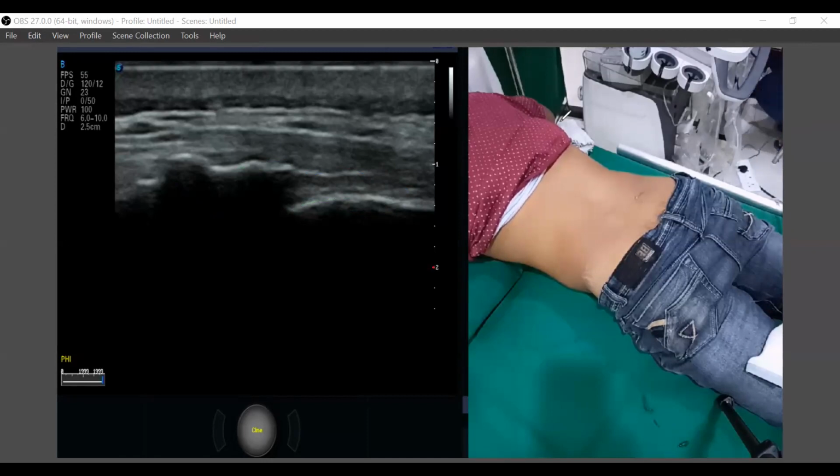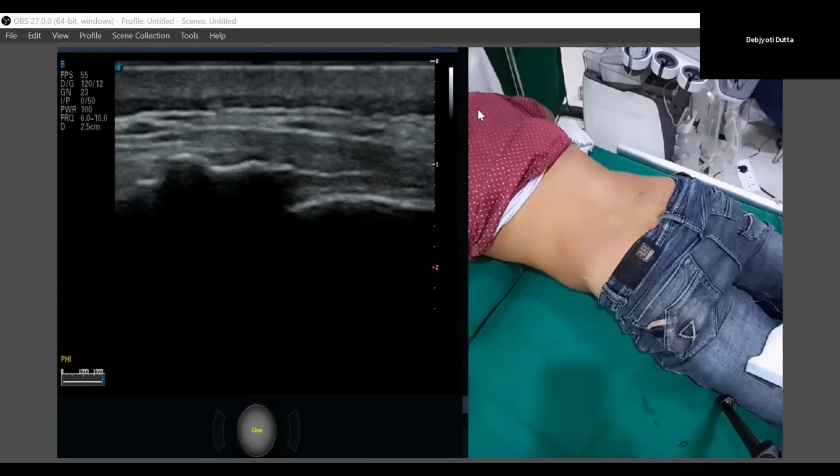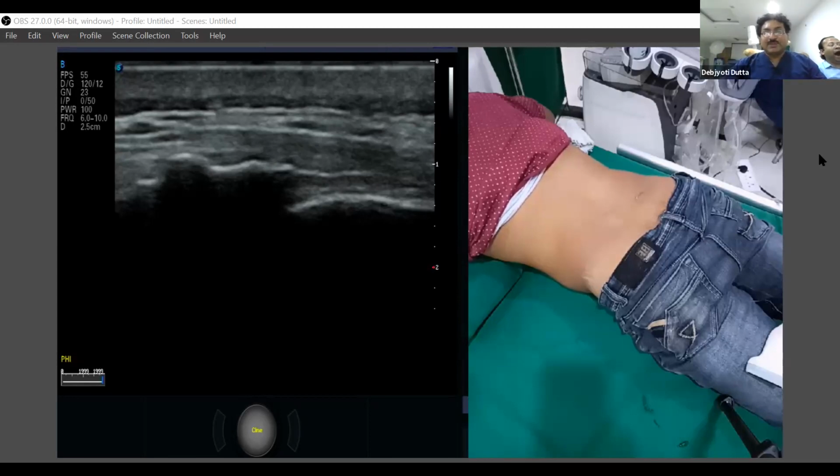Yes, the needle tip cannot be seen, and we cannot give the contrast agent because ultrasound doesn't have that contrast. But we get the Omnipaque or Iopamiro, whatever we use in contrast-guided procedures, that is absent here. So here that is a big disadvantage for us.